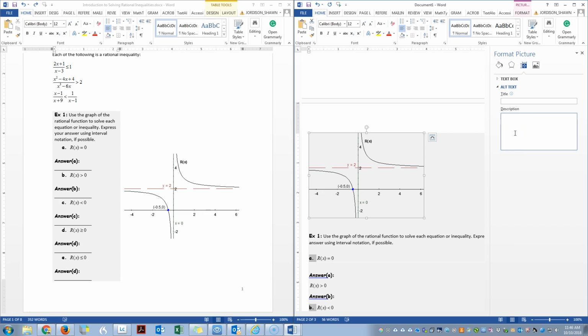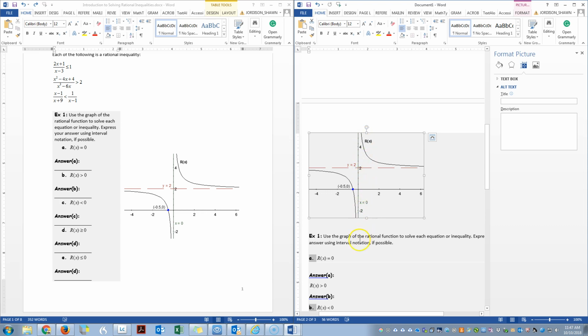I am not a math person, quote unquote, so I am not exactly sure how I would describe this, but if I had to, I would say there's several points on the line, and it crosses at this point here at negative 0.50 on the y-axis. Anyways, you want to capture the emphasis of what the graph is trying to do. And occasionally that means describing things as you see them.